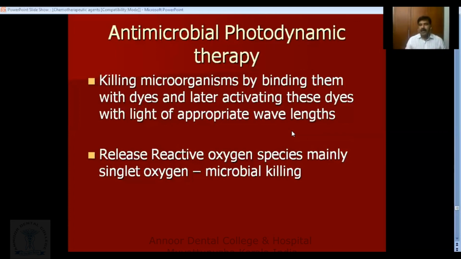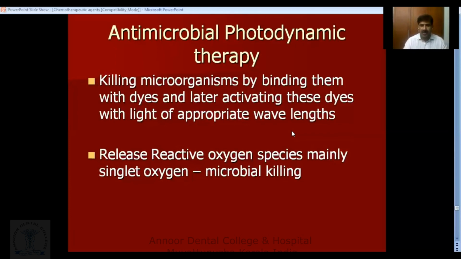Now, basically, in photodynamic therapy, what you do is, if you have a periodontal pocket, you inject certain dyes into that periodontal pocket. Now, these periodontal pathogens will absorb these dyes. So once you wait for a period of time so that these dyes are absorbed by these microorganisms, then you activate these dyes. These dyes can be activated by light of a particular wavelength.